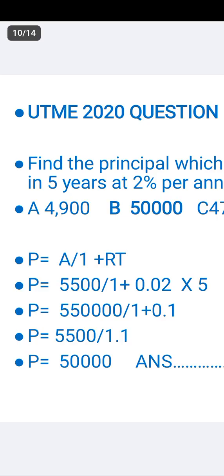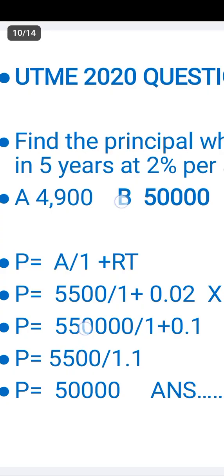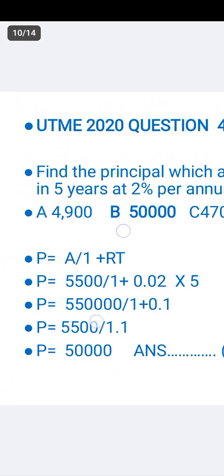Time. But since the simple interest is not known, you will use this formula to find the principal. Now in this question, the amount is equal to what? 5,500. Then the rate is 2% and the time is 5 years. You just fix in these values into the above formula.